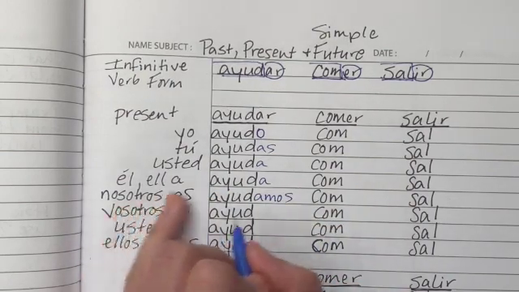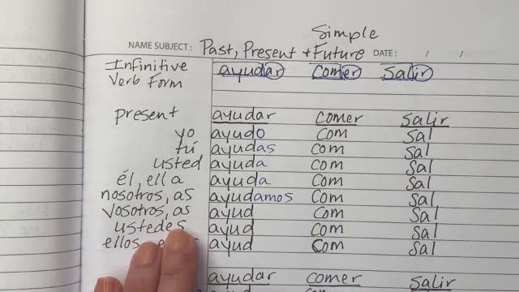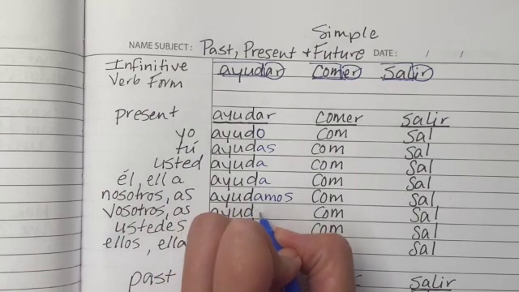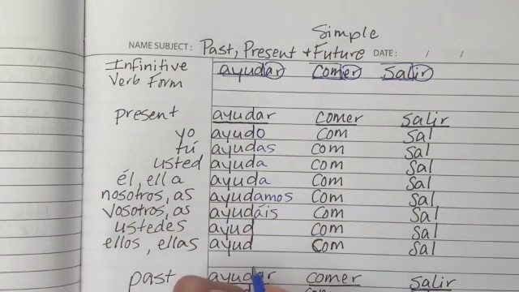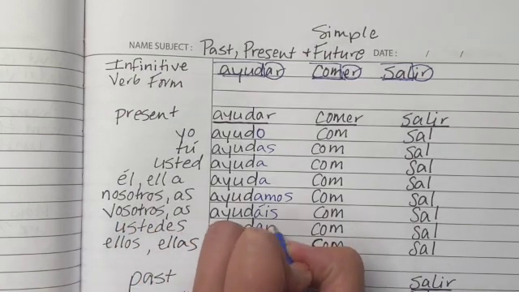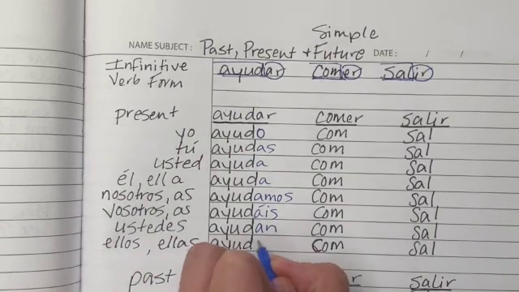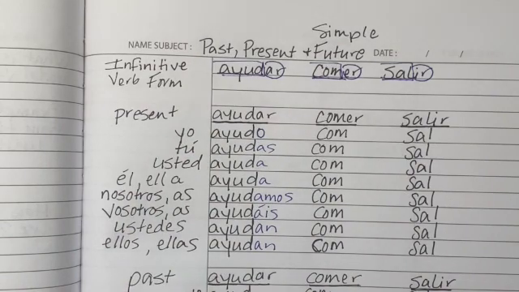You guys help. We have two ways of saying that, the vosotros form in Spain or the ustedes form in Mexico. So you guys help in Spain, vosotros or vosotras, ayudáis. And in the ustedes form, you guys help is ustedes ayudan. And then they help is ellos, ellas ayudan. Okay, so those are our present tense endings for AR verbs.